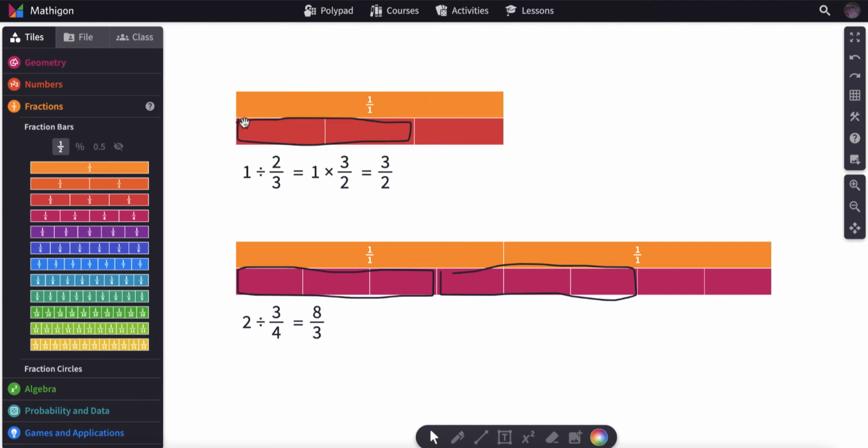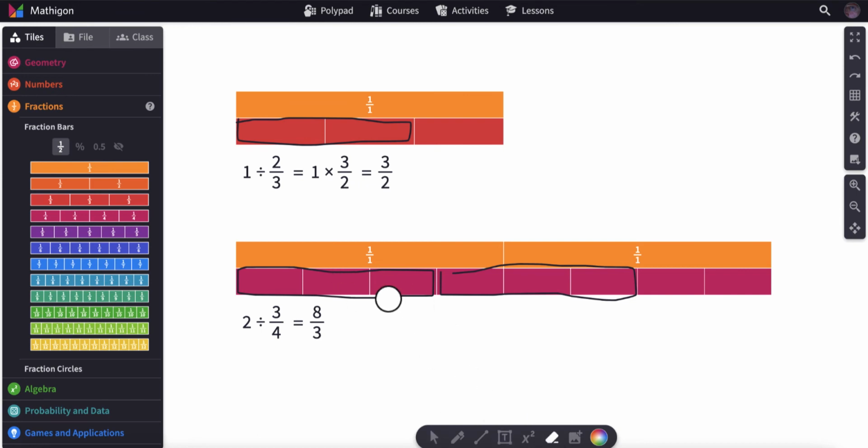And you can actually see that one whole piece and another half, or 3 halves of that original piece, fit in. And this one is relatively straightforward. In fact, usually when you take a whole number 1 divided by any fraction, it's relatively easy to see. But let's see that same thing in the next question.